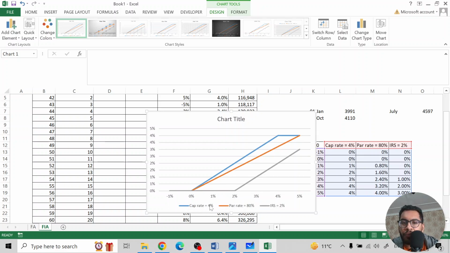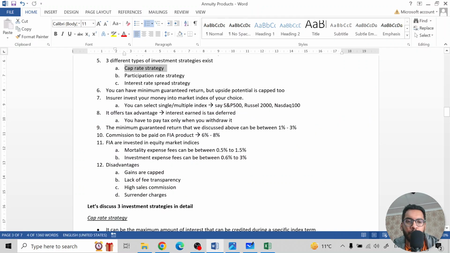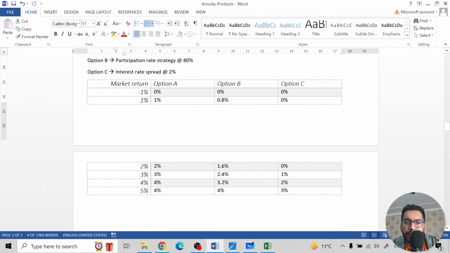But in case of cap rate, that is 4%, your upside potential is capped too. And this is the interest rate spread. Basically, for the first 2% rate of return, you are not going to get anything. This is the return of our index on the x-axis, so you can see that after 2% it is going to grow. Make sense? That is all we wanted to cover about the concept of fixed index annuity.